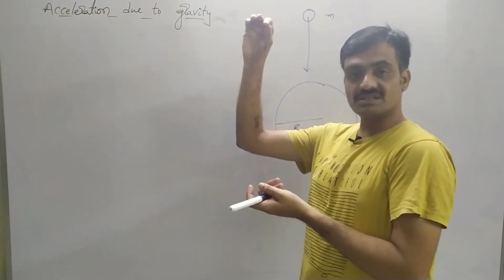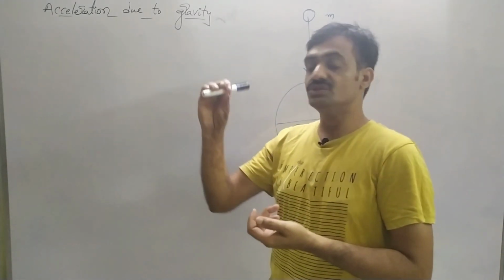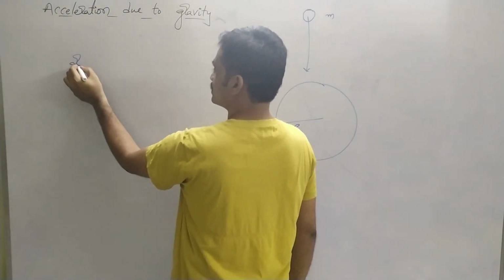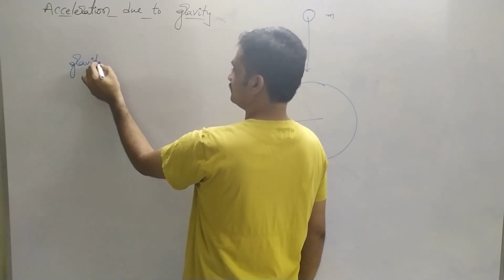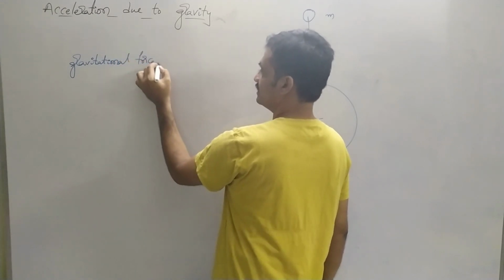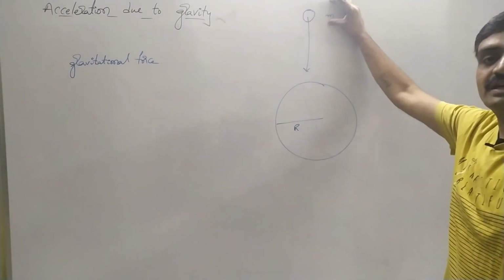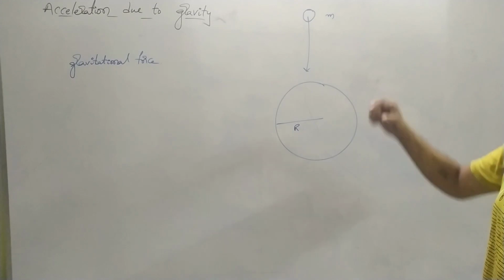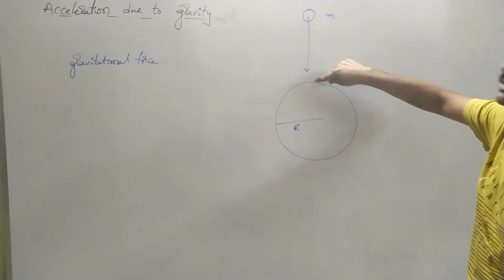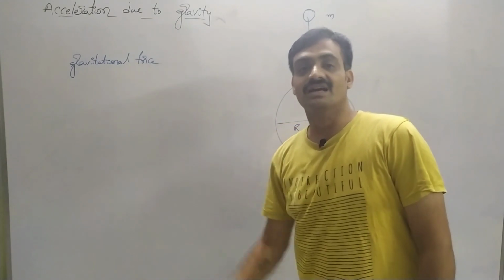When I leave it, it starts falling towards the surface of the earth, and the force acting on this body due to gravity is represented as gravitational force. So the force experienced by this body is represented as gravitational force, and the acceleration gained by this body when it is moving towards the surface of the earth is represented as acceleration due to gravity.